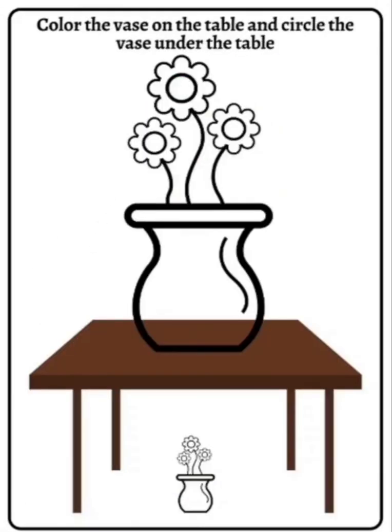The next worksheet says, color the vase on the table and circle the vase under the table. So this vase is on the table and the smaller vase is under the table. So let's circle the vase which is under the table.